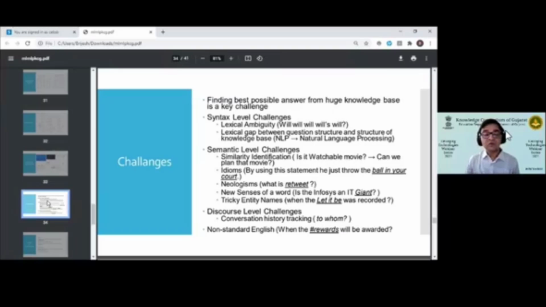So the machine needs to know that these two questions are similar. Then there are idiomatic uses which are difficult to break down by machine. By using this statement, "he just threw the ball in your court." Now, the machine needs to know why I am bringing a ball in court in the sentence. The machine needs to figure out the idiom and get the meaning out of that.